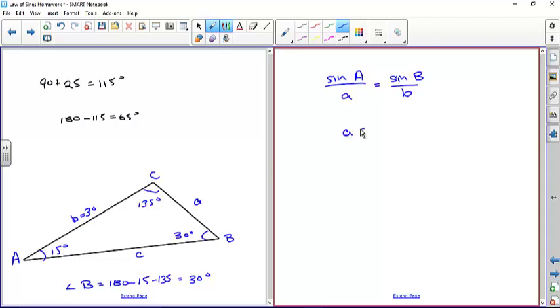So if I solve for A, it's going to be equal to the sine of A divided by the sine of B, times B here. So I have the sine of A, which is the sine of 15 degrees, divided by the sine of B, which is 30 degrees, times B, which is 30 kilometers.